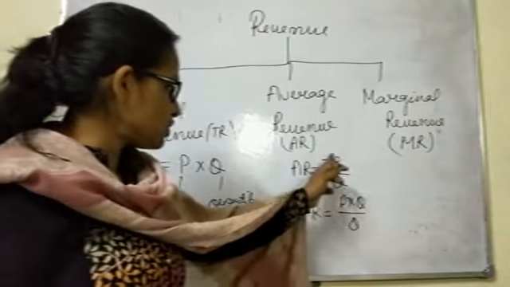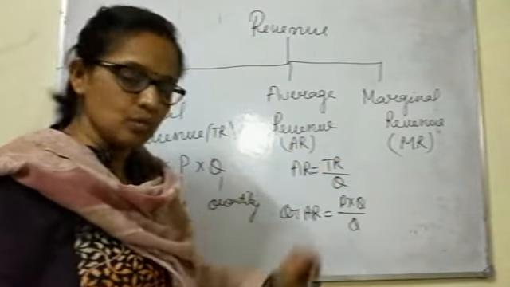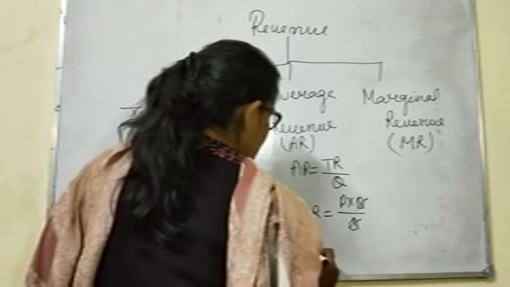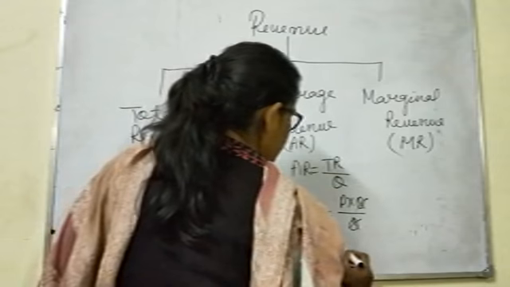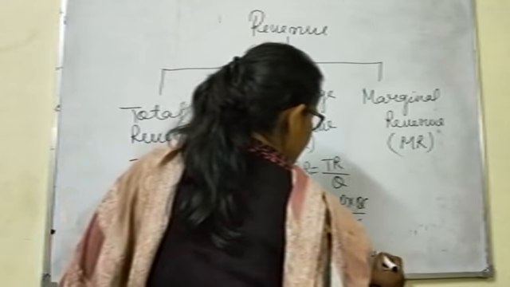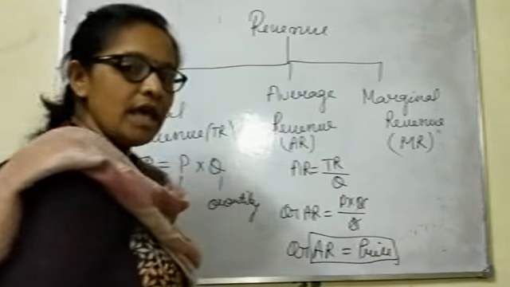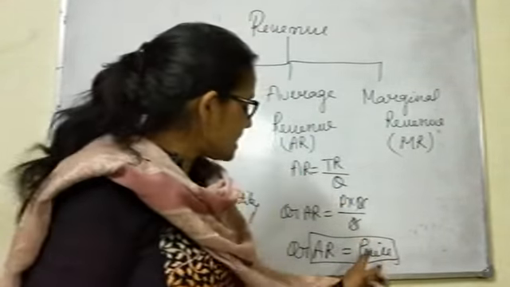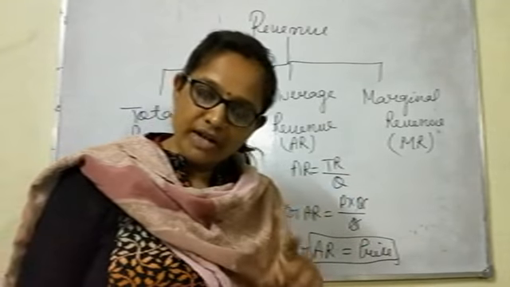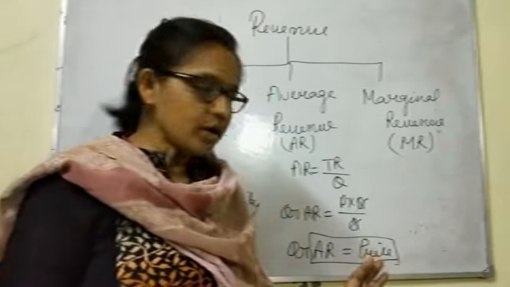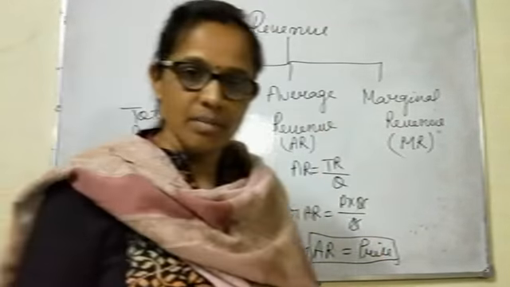Yes, because the formula of TR is P into Q. This Q and Q will cancel, so we get AR is equal to price. So average revenue is nothing but the price of one commodity produced by the producer. Is it clear?